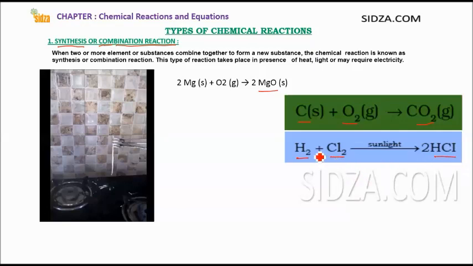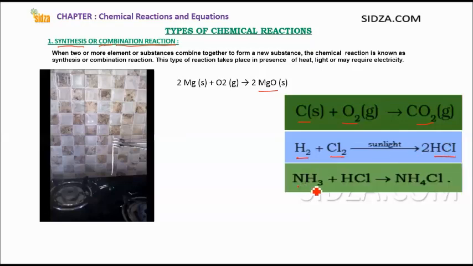Two elements combine and form one substance. Another one: ammonia reacts with hydrochloric acid and forms ammonium chloride. In all these reactions we find two substances combine and form one new substance. So in a combination reaction, two or more substances combine and form one new substance.